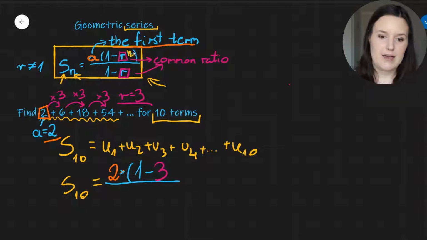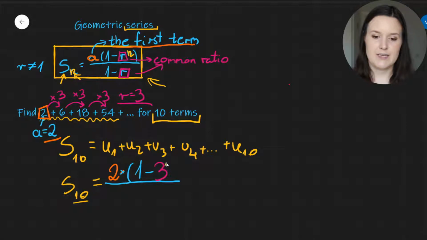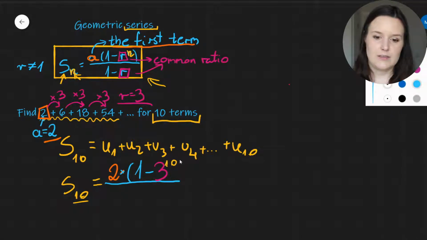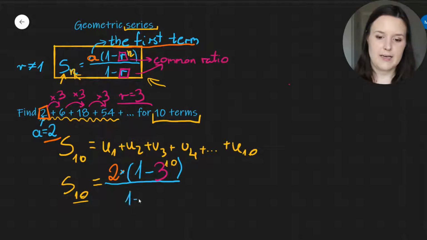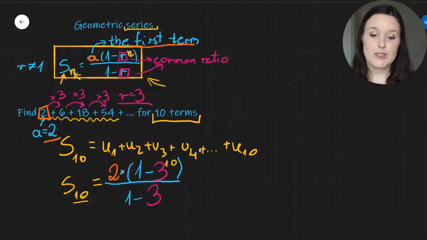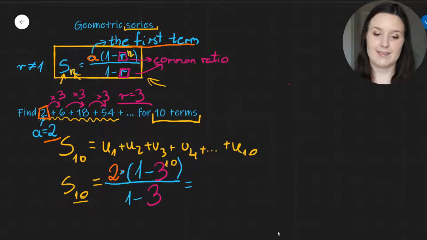N is the same n as here, so how many terms you want to add? I want to add 10 terms, so I put 10 here. Now I divide that all by 1 minus R, and R is 3. And that's it. I substitute into this formula, use a calculator, and find the sum.